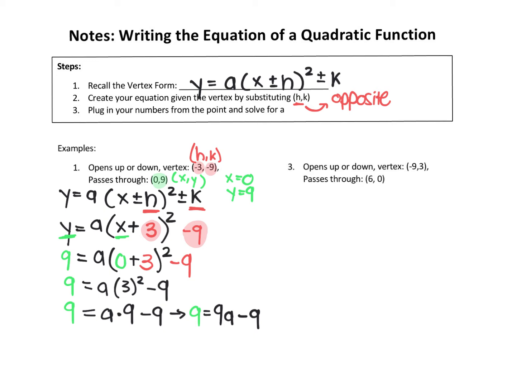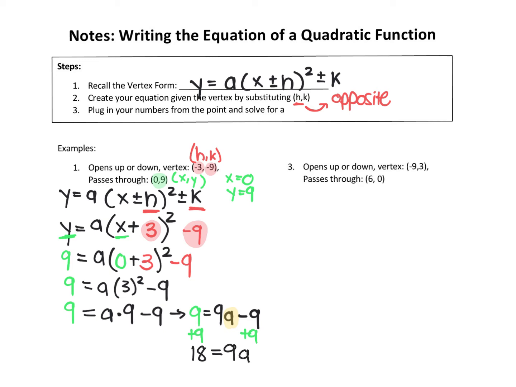I want to get my a variable by itself. Let me highlight that. I want to get this letter by itself. Okay? So the first thing I'm going to do is add 9 to both sides. So I'm going to plus 9 here, plus 9 here. That gives me 18 equals 9a.